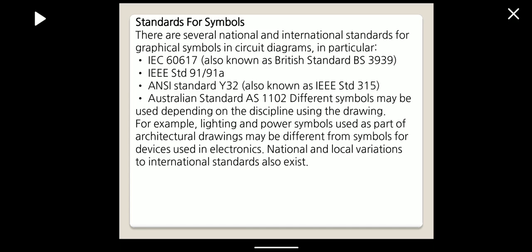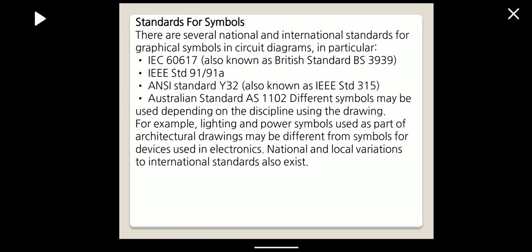In particular, IEC 60617, which is also called British Standard 3939, IEEE Standard 91/91A, then ANSI Standard Y32, which is also called IEEE Standard 315, and next is Australian Standard AS 1102.